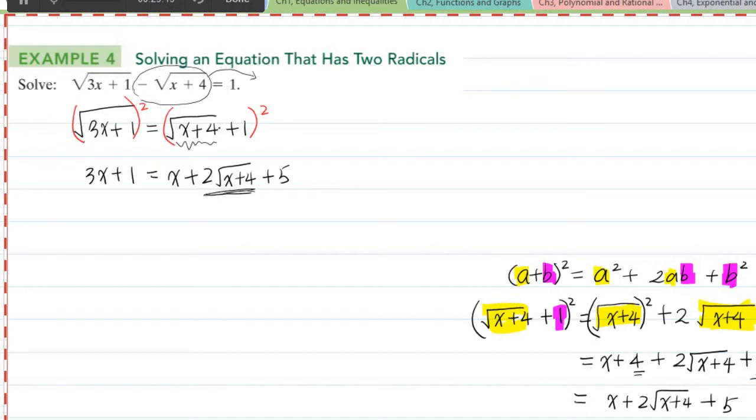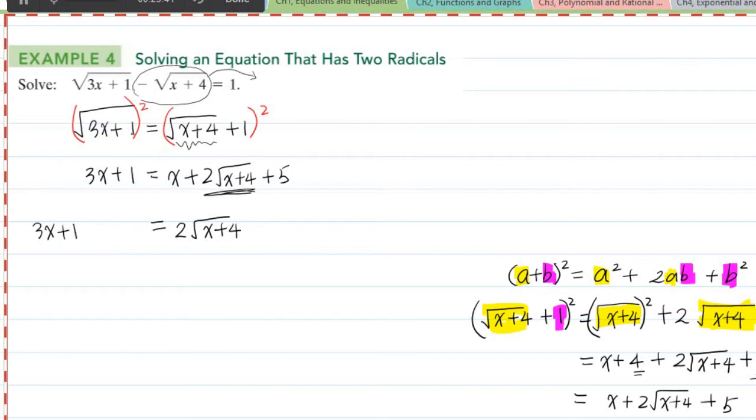From the previous example, you learned when you're solving this, you want to isolate this. So now we're going to isolate this. Let's just leave this on this side. Everything else must go to another side. So x goes to another side.